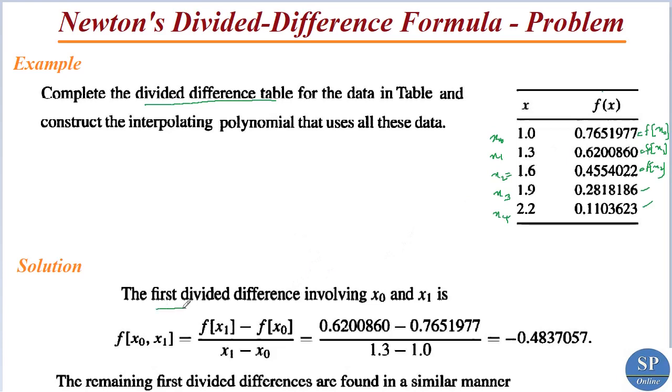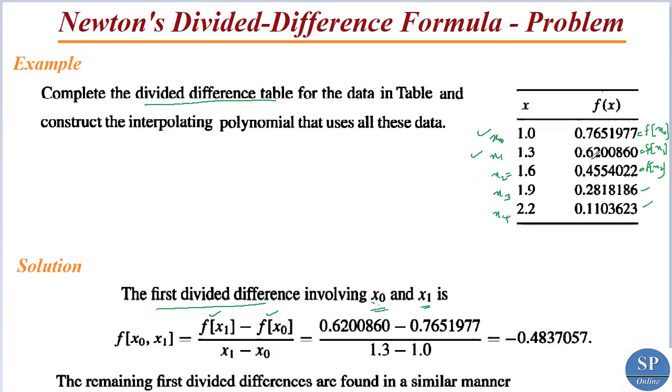Okay, so the first divided difference involving x0 and x1: f of x0 x1 is equal to f of x1 minus f of x0 divided by x1 minus x0, where f of x1 is the zeroth divided difference at the point x1 and f of x0 is the zeroth divided difference at the point x0, which are actually the values of f at those points x0 and x1 itself.